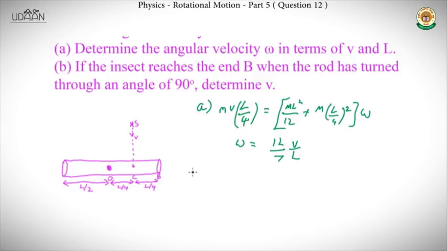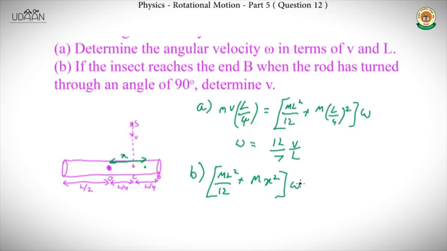Okay, so let's start with part B, and let us assume that the insect is at some point over here at a distance of x from the center O. We assume this distance to be x at some time t. So the total angular momentum at that moment will be the moment of inertia, which will be mL square by 12 plus mx square, into omega.